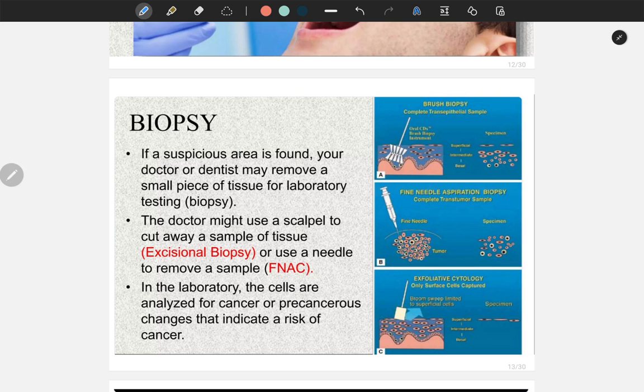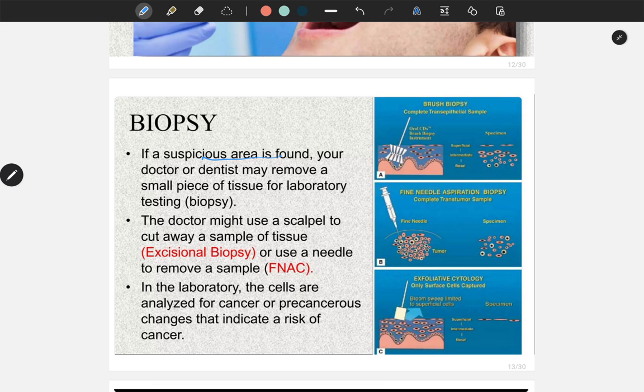If a suspicious area is found in the patient's mouth, your doctor or dentist may remove a small piece of tissue for laboratory testing, which is called a biopsy. In this image we can see the epithelial lining here, or in this area if we can see signs of oral cancer, this part can be taken for biopsy.